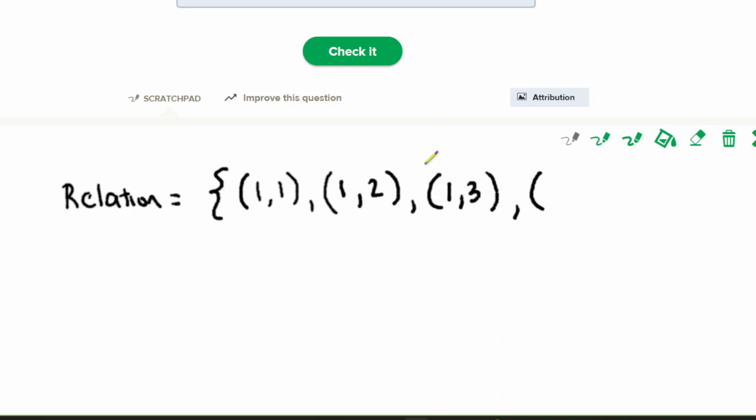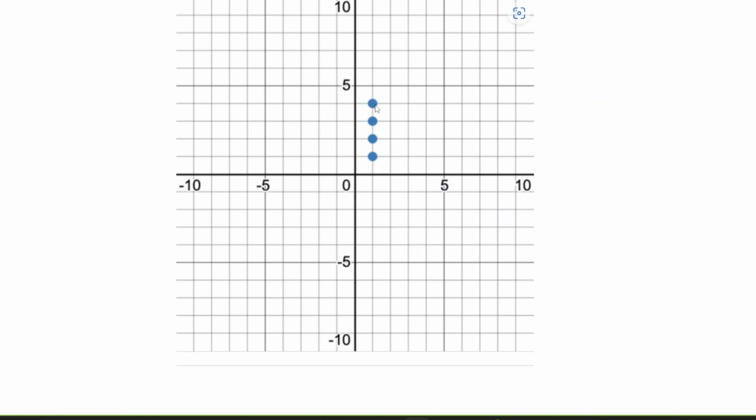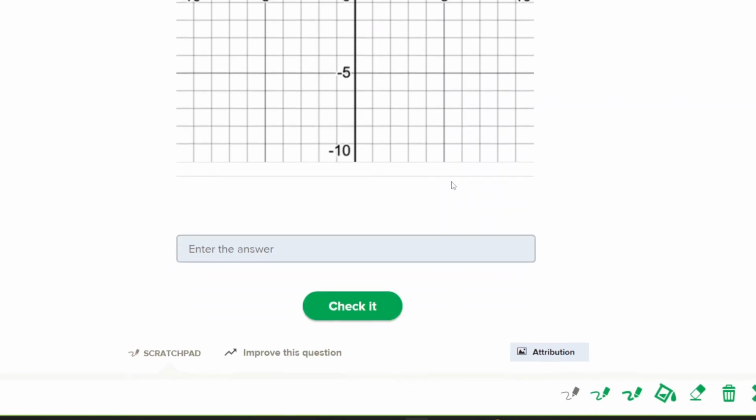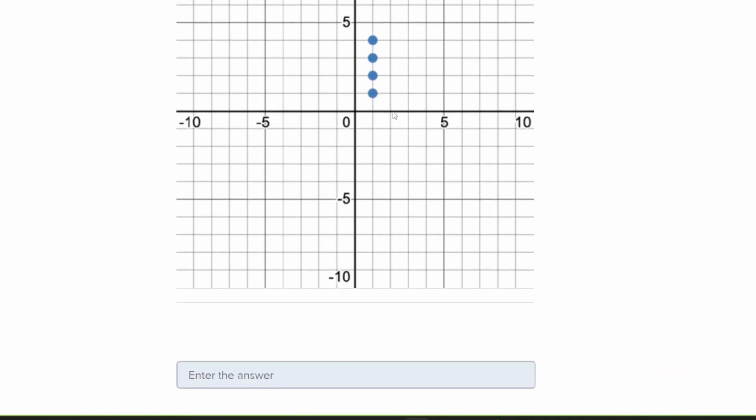And finally, the fourth ordered pair, the top one being drawn here, is in line with 1 on the x-axis and 4 on the y-axis. So that is coordinates 1, comma 4. And then I'll close the braces. Here we have it. That graph we were given represents this relation, this set of 4 ordered pairs.